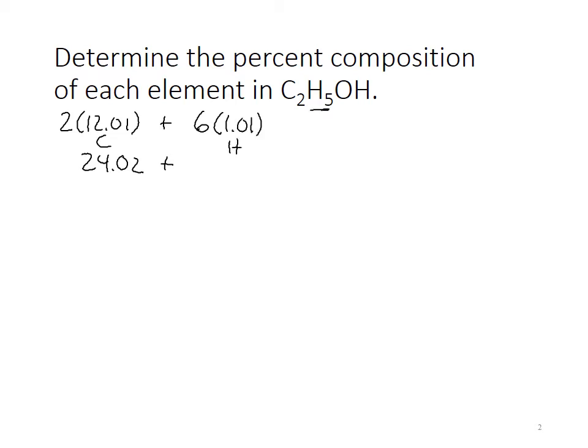And if you'll notice, 5 hydrogens, 1 hydrogen, that would be 6. So the total for hydrogen is 6.06, and we have 1 oxygen, so we're going to add 16. When you add those numbers together, you get 46.08 grams. So that is the molar mass of the entire compound.